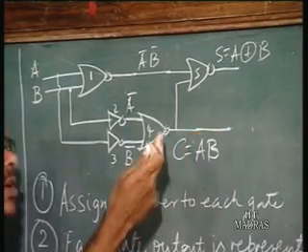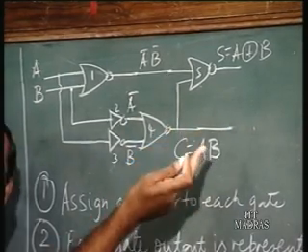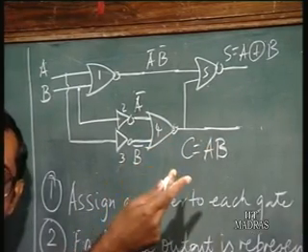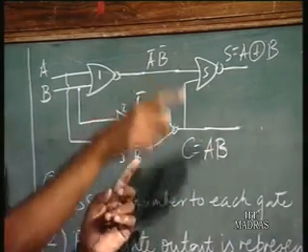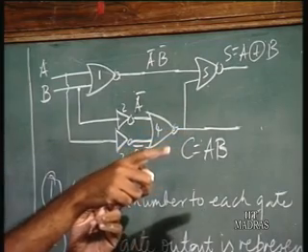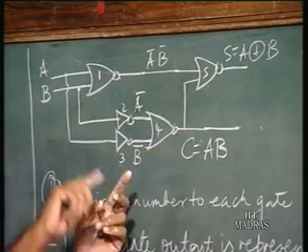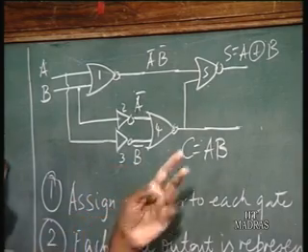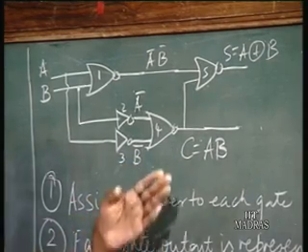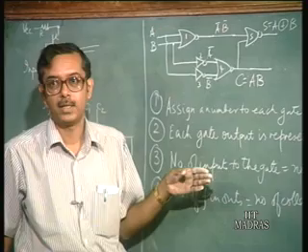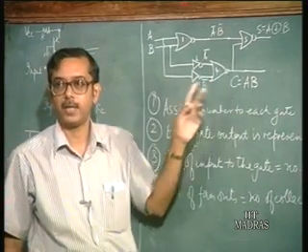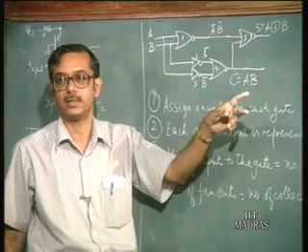So, the next transistor has to have 2 collectors, because the output of this gate is going to be fed to 2 different points. And you cannot use the same collector to feed it to 2 different points, just as we had seen in the example where you are making A plus B and A plus C. If A has to be fed to 2 points, you require 2 collectors for that transistor.